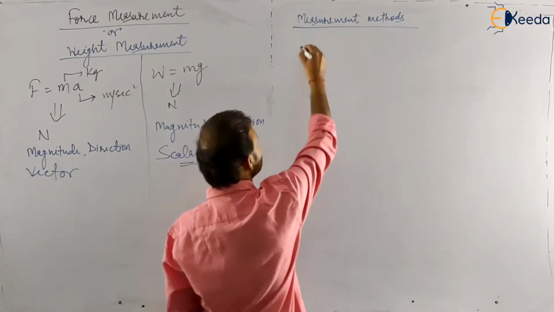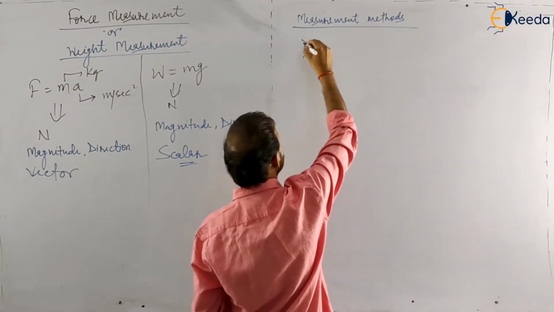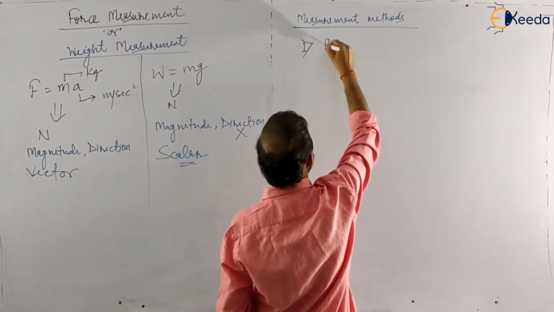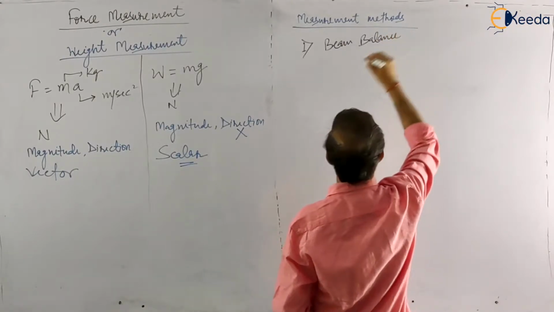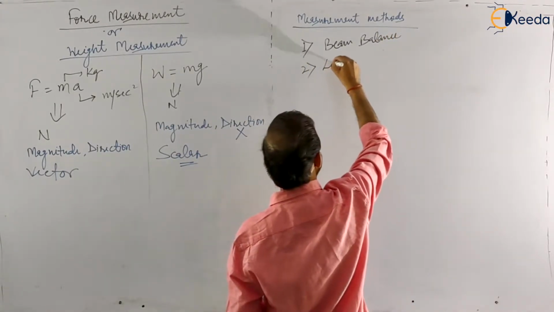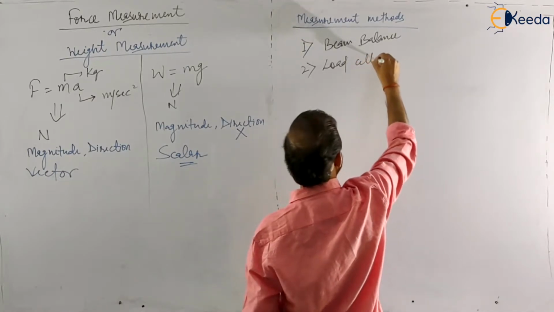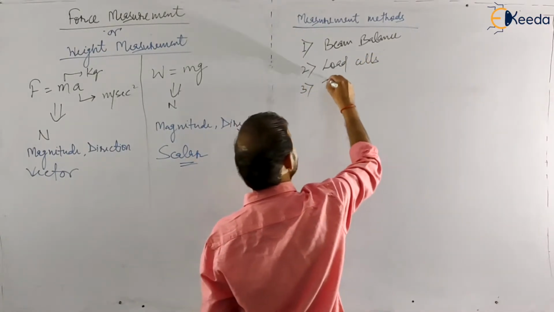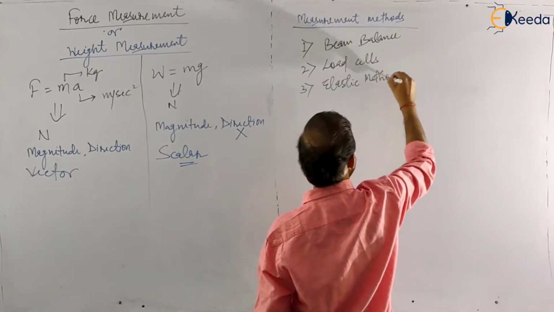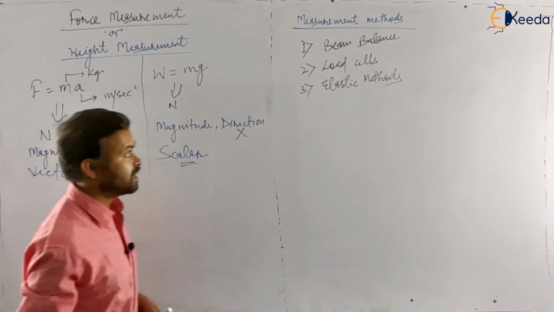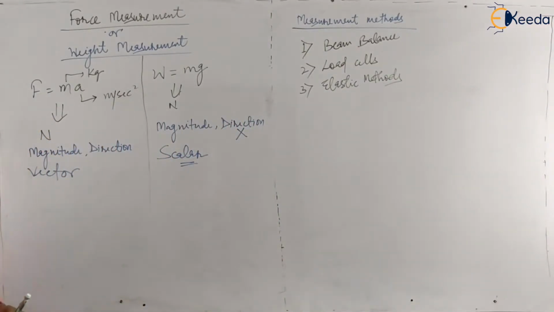These methods are beam balance, load cells, elastic methods. So for the measurement of force, there are three methods: beam balance, load cells, and elastic methods.